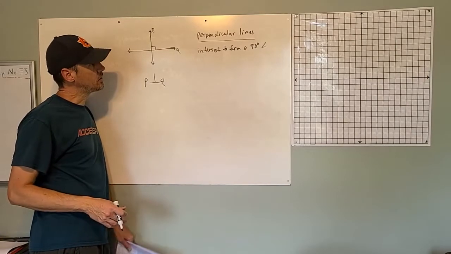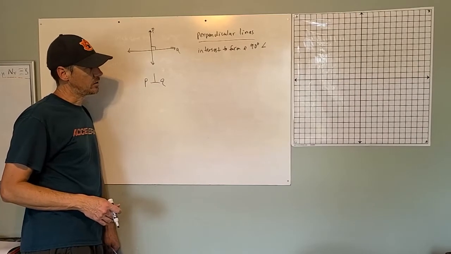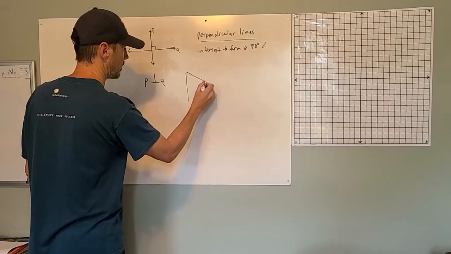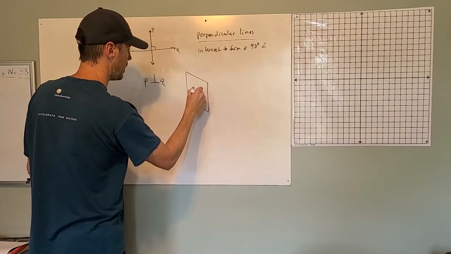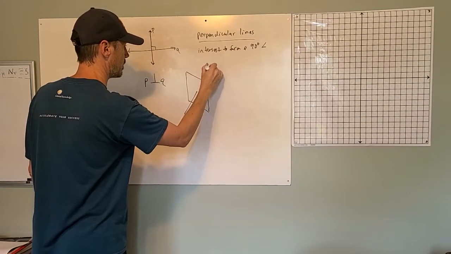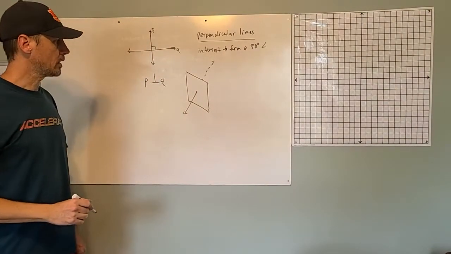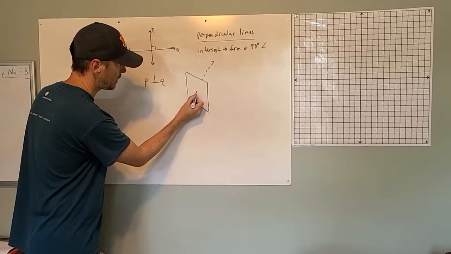If a line happens to be perpendicular to a plane, and do I even want to attempt to draw this? Let's see. So here's my plane, and we've got a line that maybe goes through here and comes out this side. We have to imagine that it's perpendicular.